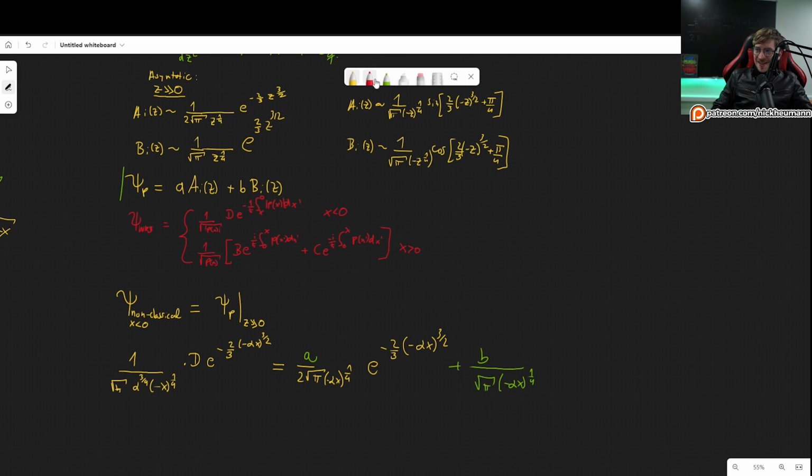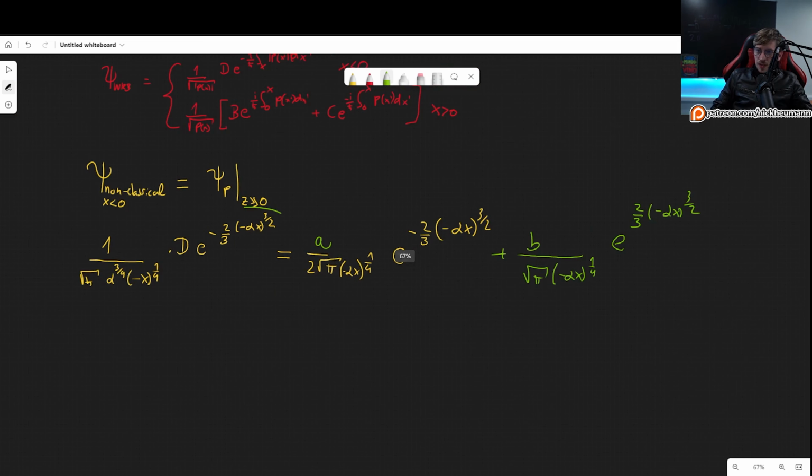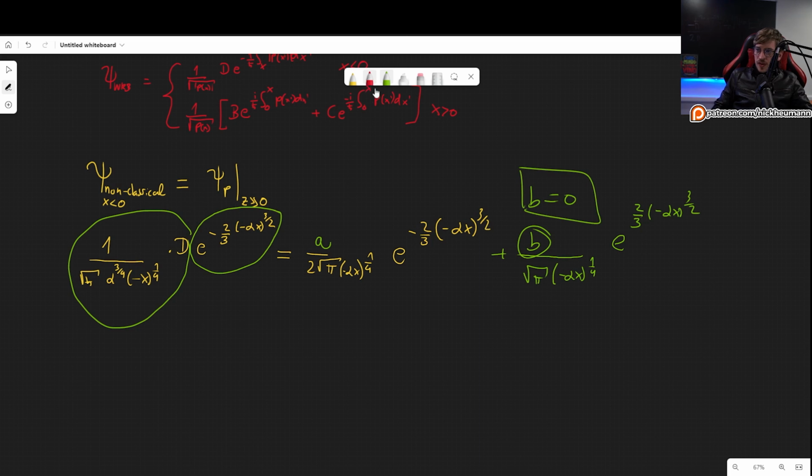Anyways, copying this here, so we get e to the 2/3, and then z to the 3/2, which is minus alpha x to the 3/2. So if we want these things to be equal, we need the exponents and what is alongside the exponents to be equal. But there is nothing on the left-hand side that has this positive exponent. So b has to be equal to 0.